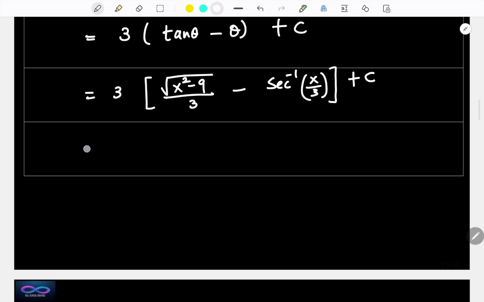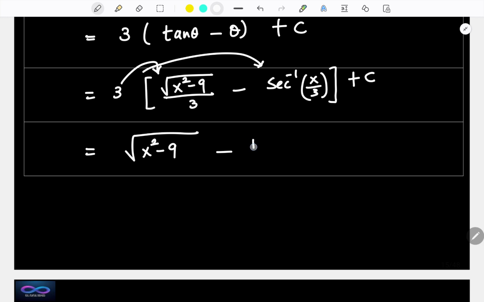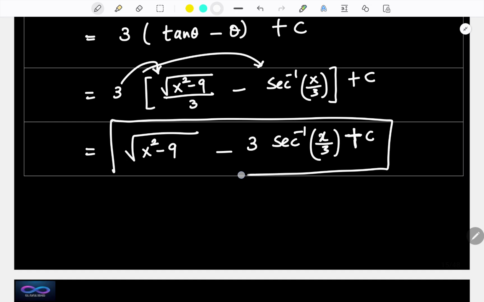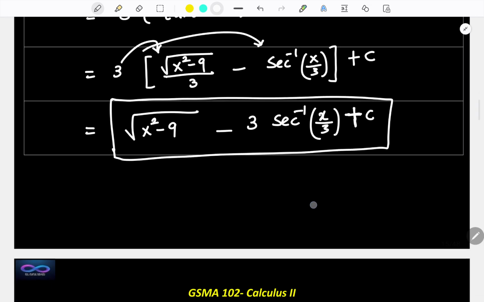You can stop here, but if you take this 3, there is a cancellation of 3. You will get square root of x square minus 9 minus 3 secant inverse x by 3 plus integrating constant c. So this is going to become your final answer.